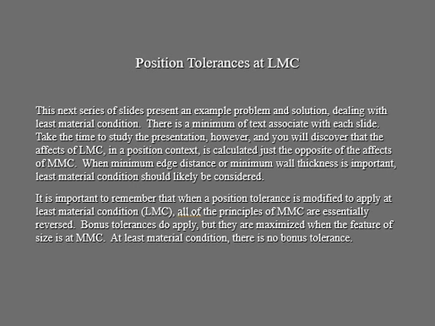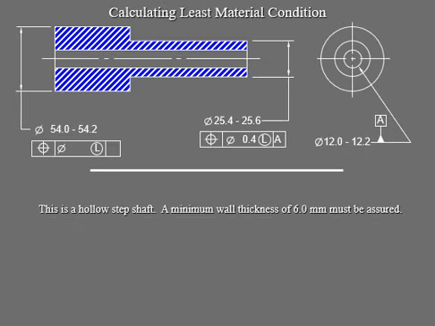So I'm going to show you the slides one by one, so you can see your least material condition and pay attention to the position. This is your control frame right there. We're dealing with this hole right here and the position of that.